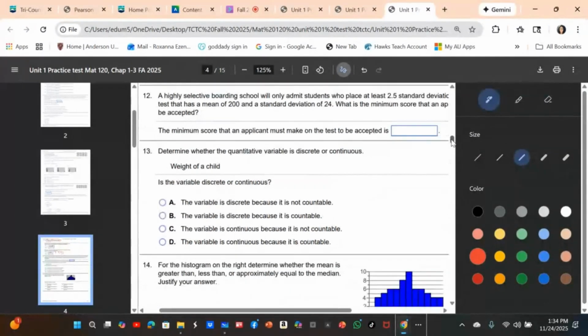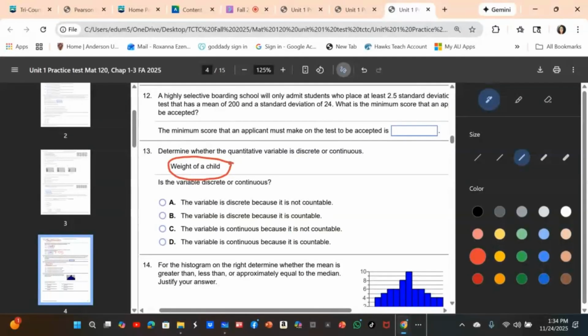Okay. Question number 13 says, determine whether the quantitative variable is discrete or continuous. So a quantitative variable can be discrete or continuous. It's asking you the weight of a child.